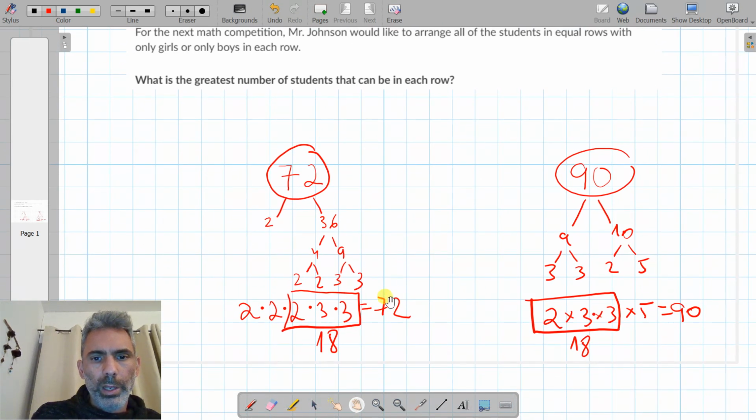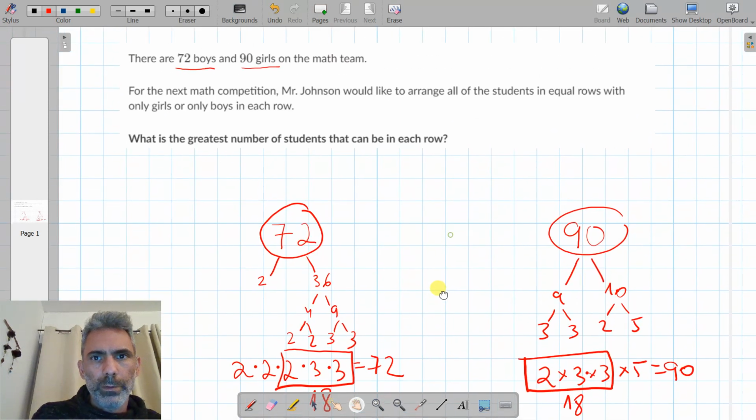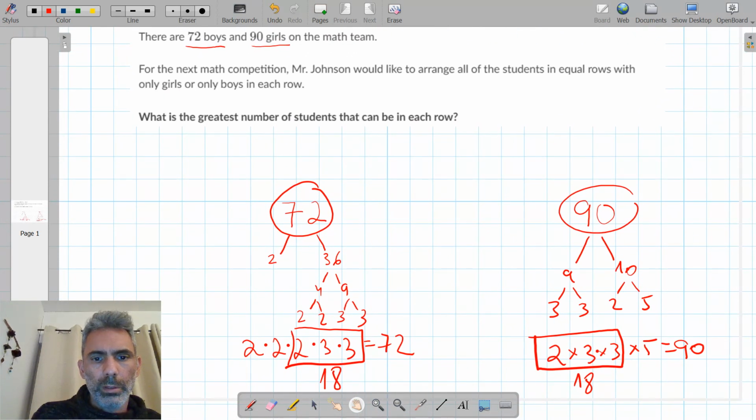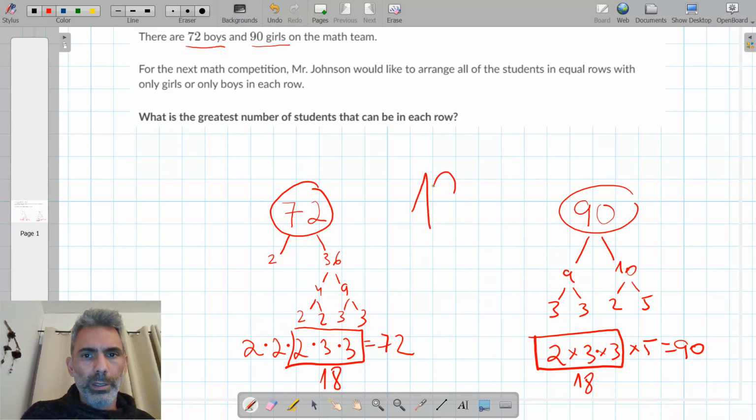Here we have 4 rows of boys with 18 boys in each row, and here we would have 5 rows of girls with 18 girls in each row. So the greatest number of students that can be in each row is 18.